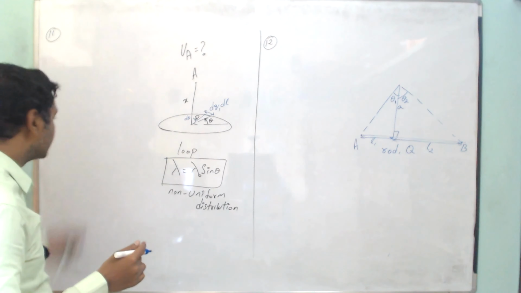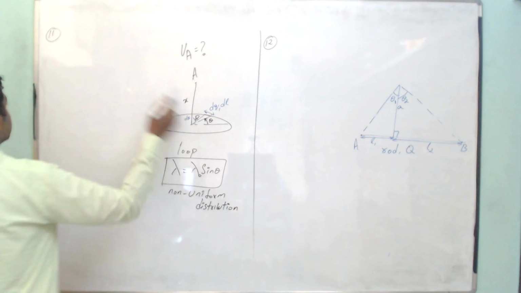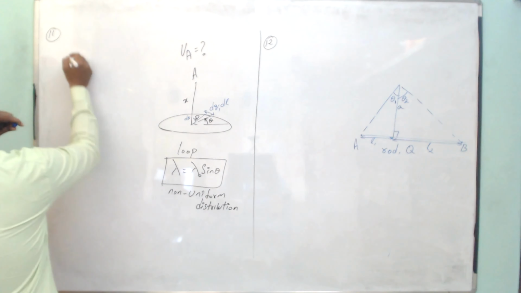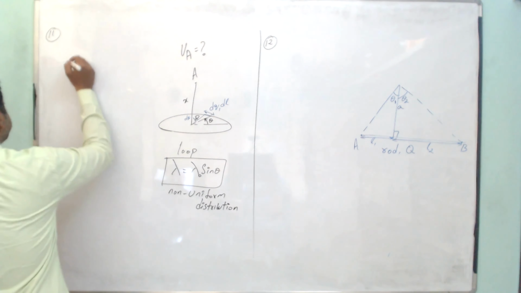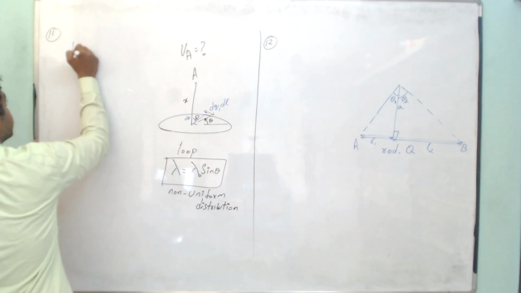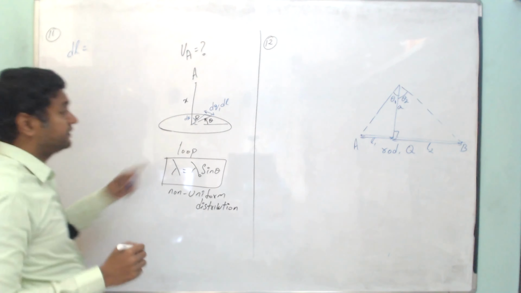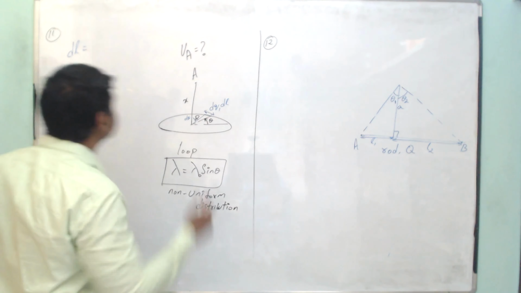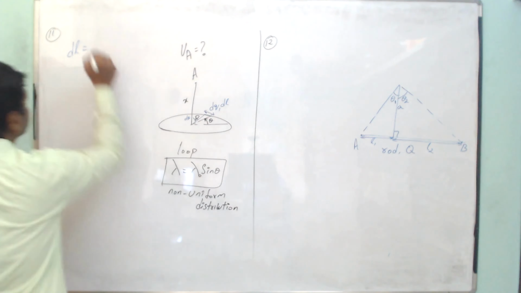First, I can write this dl element is equal to R d theta. Next, dq is equal to lambda into dl.